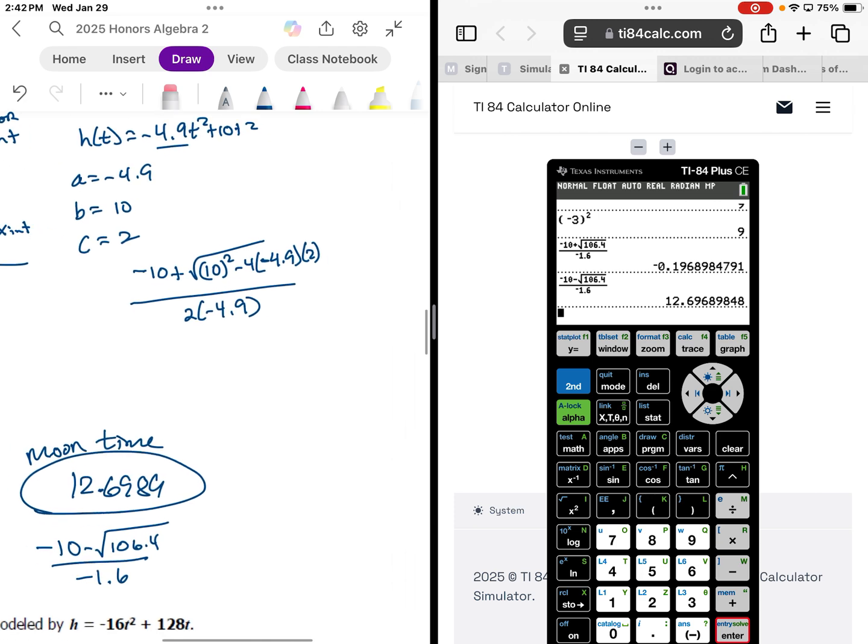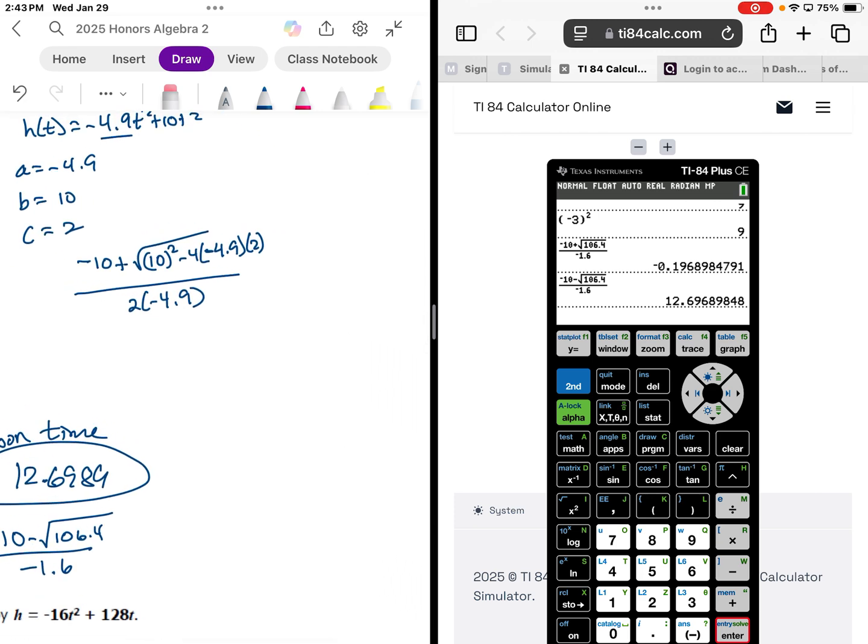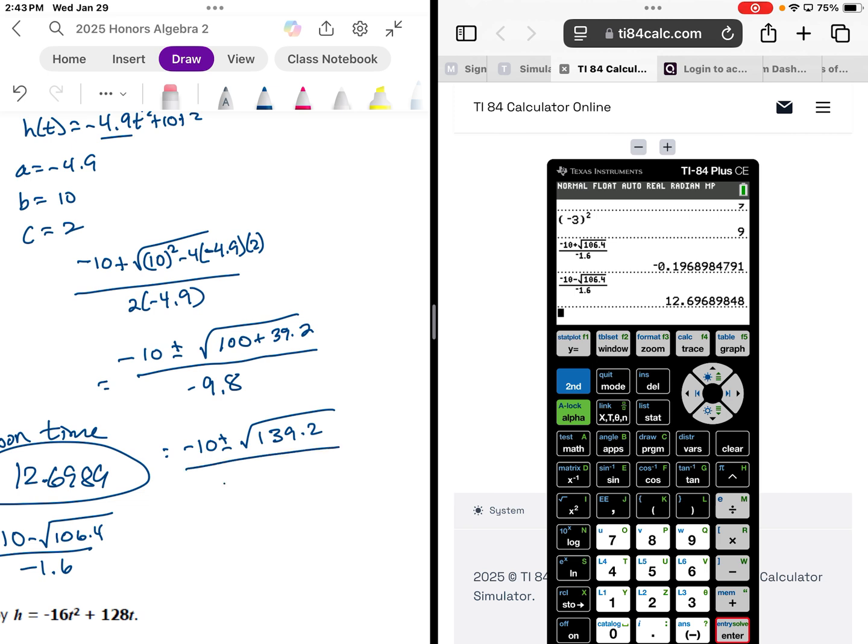All right, so with that in mind, negative 10 plus or minus square root of 100, and then it's a positive, so plus 8 times 49. It'd be 2 carry the 7, 39.2. Over on the bottom would be negative 9.8. I did multiply those 3 numbers together, right? Okay, good. I do make goofy mistakes, but usually I'm pretty accurate on my multiplication.